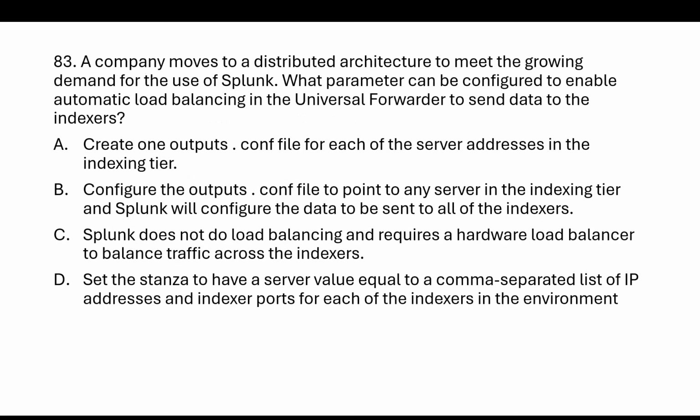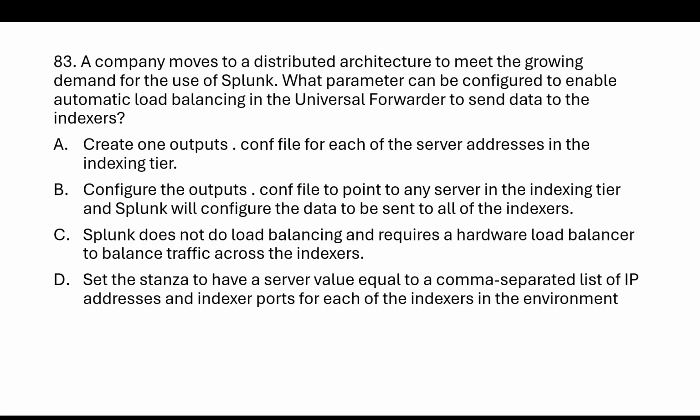Question number 83. A company moves to a distributed architecture to meet the growing demand for the use of Splunk. What parameter can be configured to enable automatic load balancing in the universal forwarder to send data to the indexers? Option A, create one inputs.conf file for each of the server addresses in the indexer tier. Option B, configure the outputs.conf file to point to any server in the indexing tier, and Splunk will configure the data to be sent to all of the indexers.